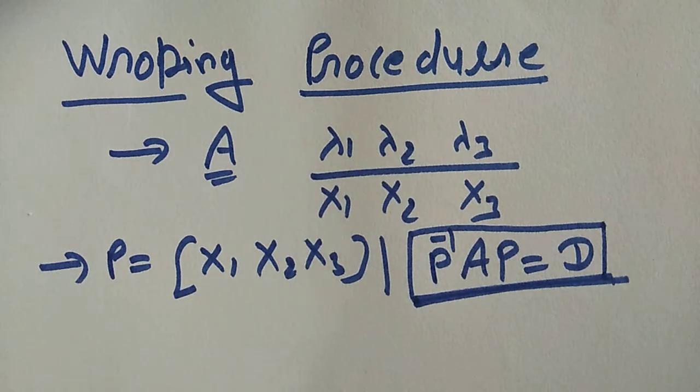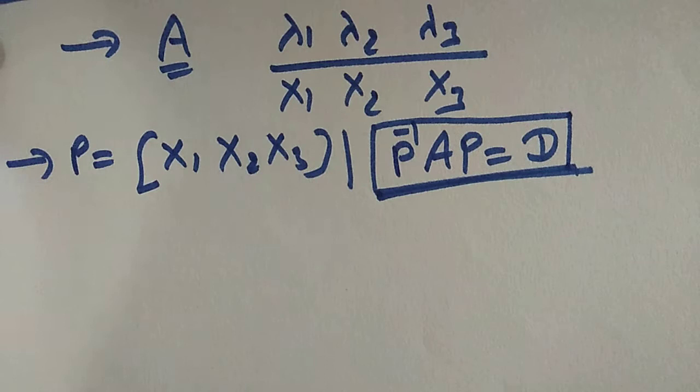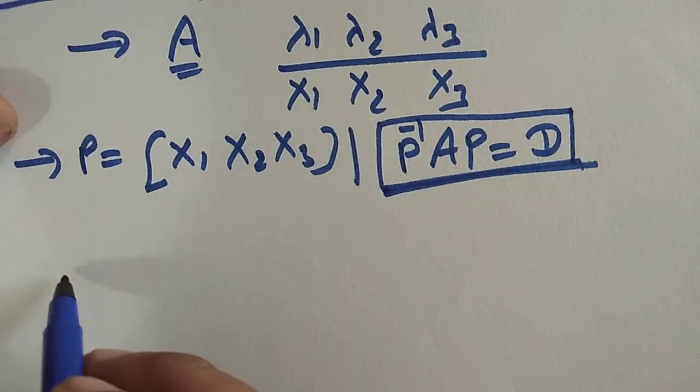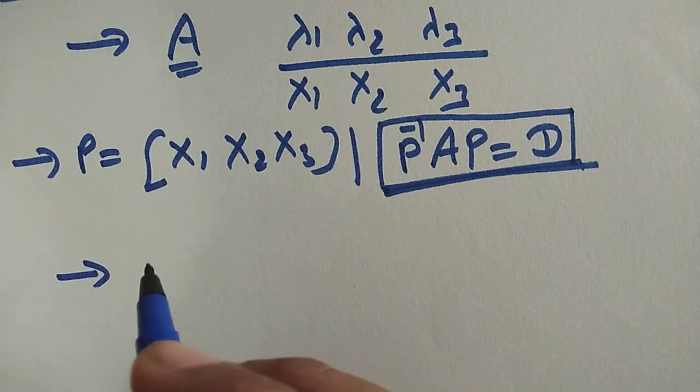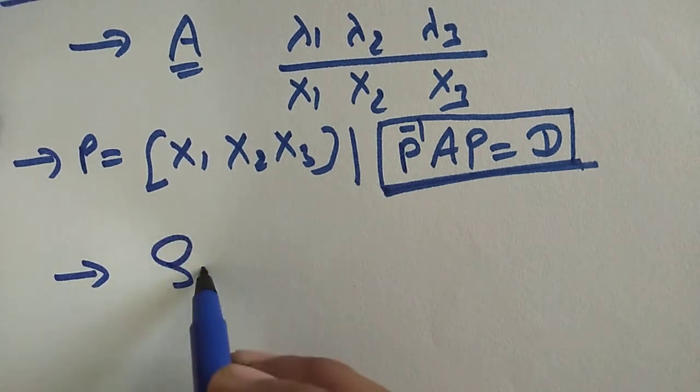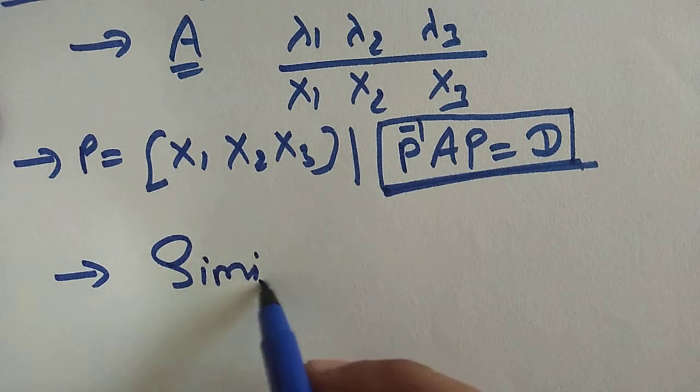So let us take one example. Here we have two transformations. One is similarity transformation and second is orthogonal transformation.